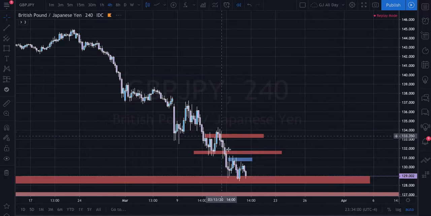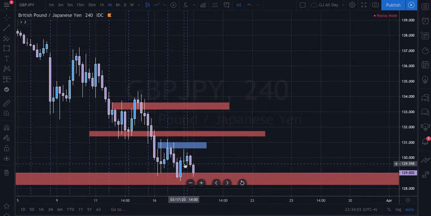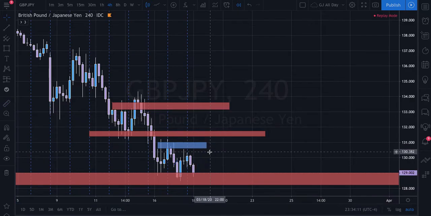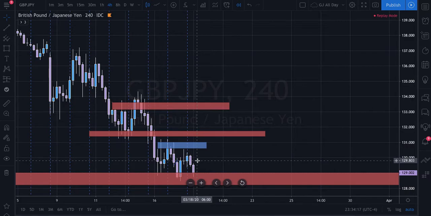Let's see. Yep, we're still in this range. So in ranges, if it's huge like this, I mean, this is a 150 pip range, I would buy and sell the tops and bottoms. Buy and sell the edges.